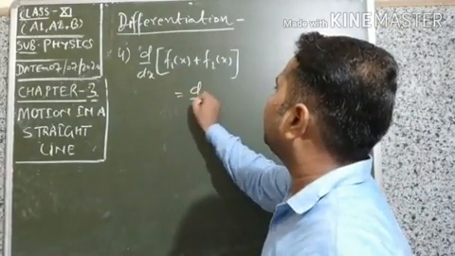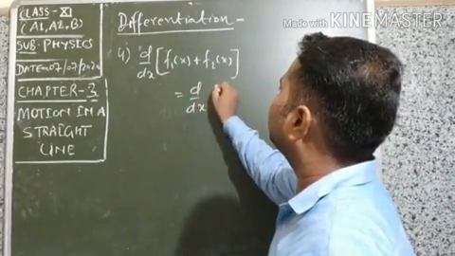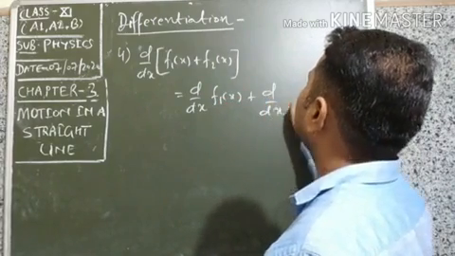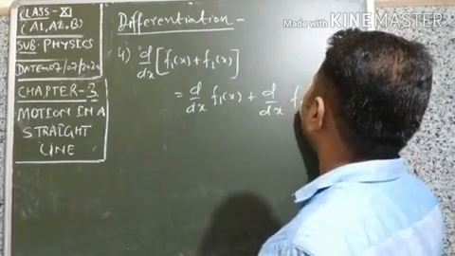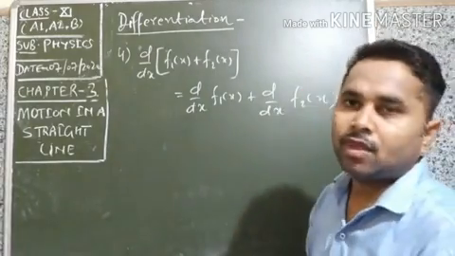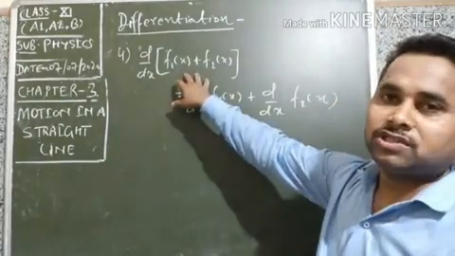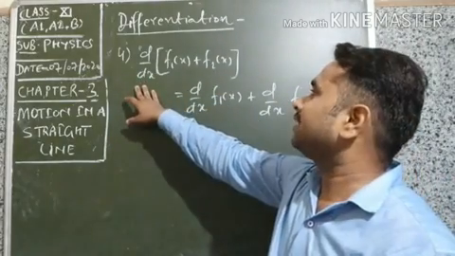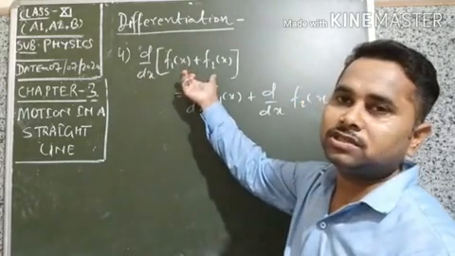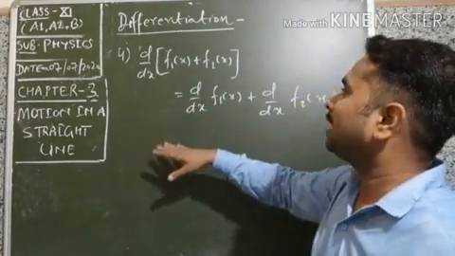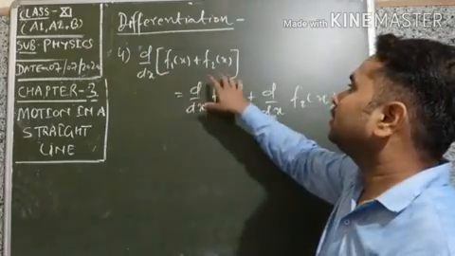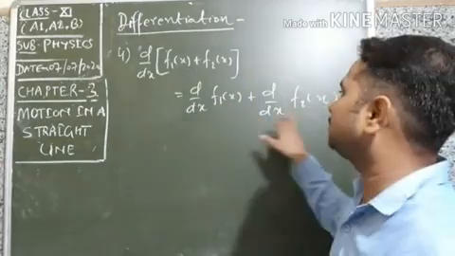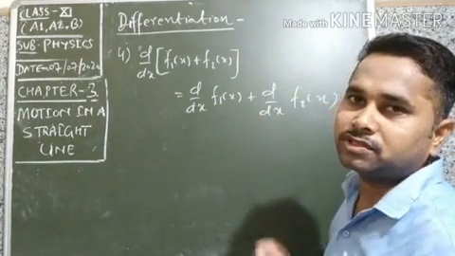How? d by dx of f1(x) plus d by dx of f2(x). When we find the derivative of the sum of two functions, what do we do? We apply the differentiation on both functions separately, and then take the sum of the derivatives of the two functions.